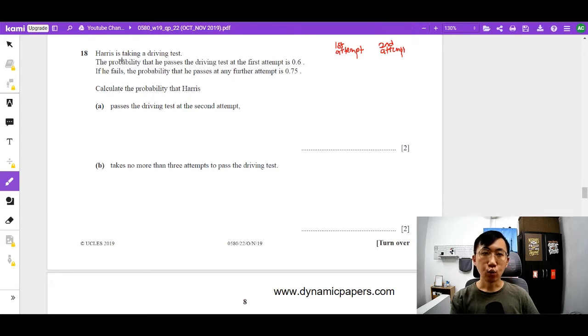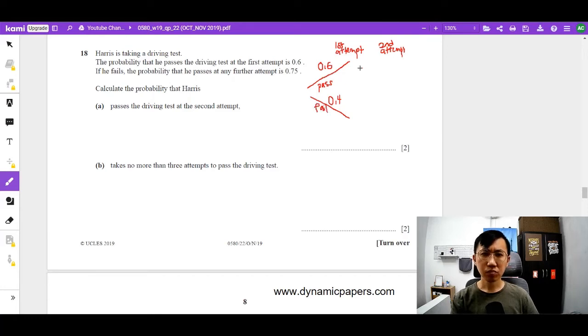When Harris passes on the first attempt itself, you can draw a tree branch. This is pass. For the first attempt, the passing probability is 0.6. That means he will fail with the probability of 0.4.